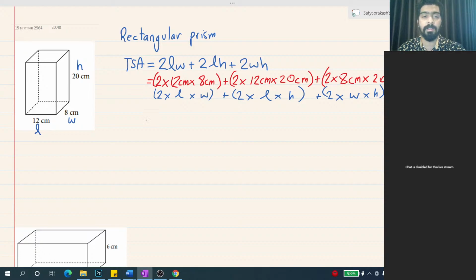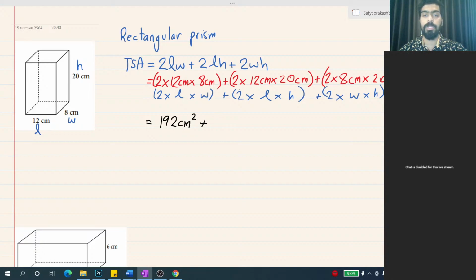Now let us multiply what we have in the brackets. We have 2 times 12 times 8. 12 times 8 is 96, and 96 multiplied by 2 gives us 192 centimeters square, if my calculations are not wrong.